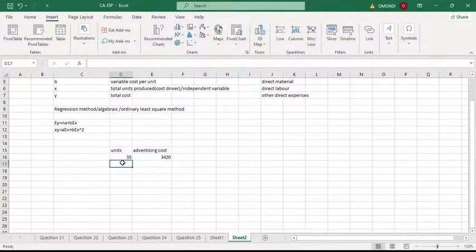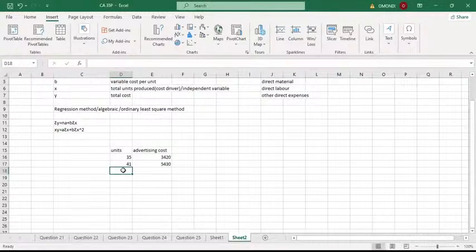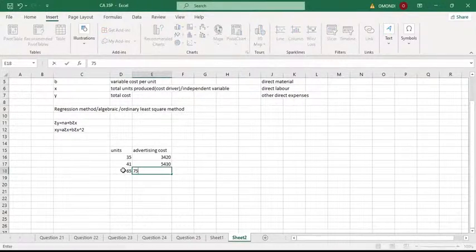When we have 41, we are going to spend 5,430. When we have 65, we are going to spend 7,530.